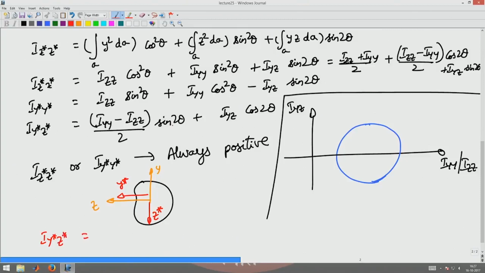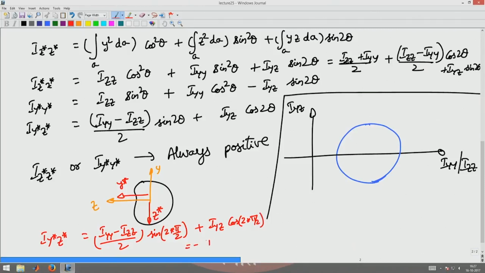Substitute 90 in there: it will be (Iyy minus Izz)/2 into sine of 2 theta, since a rotation of the coordinate system by theta is 2 theta in the Mohr circle. So theta is pi by 2, so 2 into pi by 2, plus Iyz into cos 2 into pi by 2.